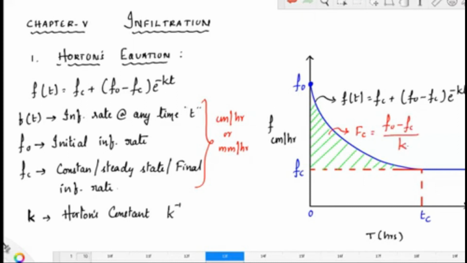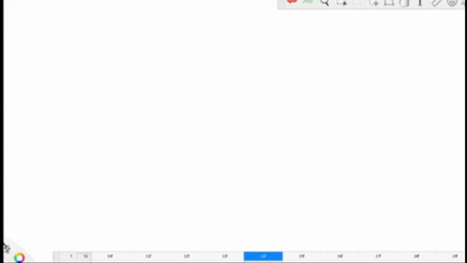Now this is your graphical thing and this is your equation which you require. Now let me go for the further points with respect to this one.